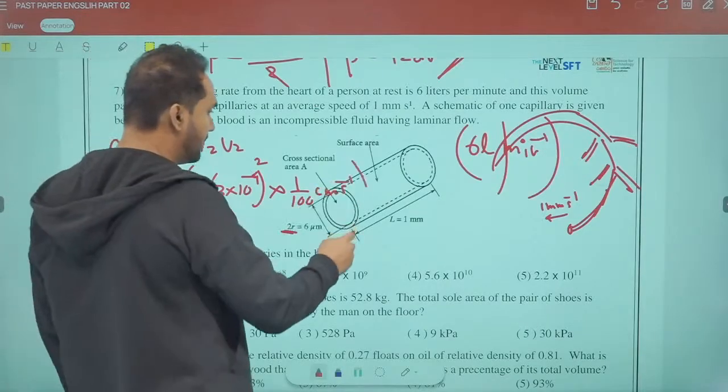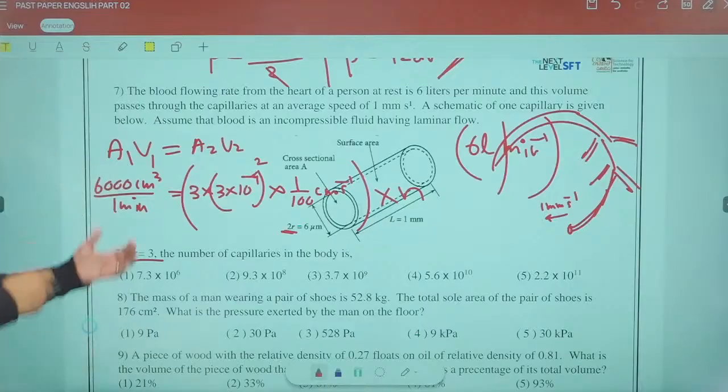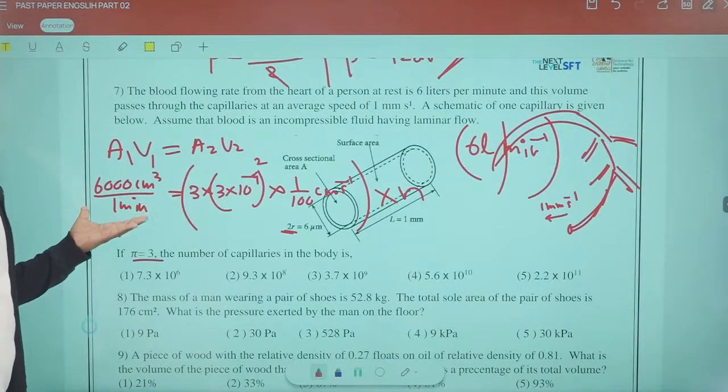This times the number of capillaries N should equal the rate of volume of the heart.